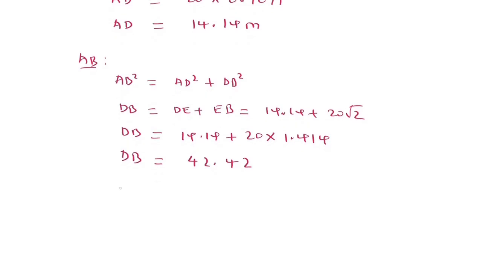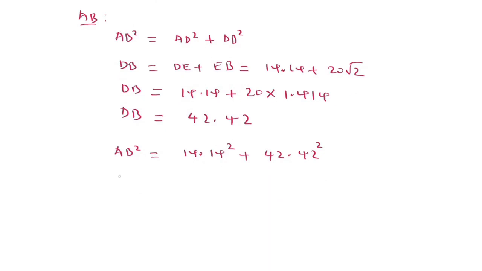Then our theorem will be AB squared equals 14.14 squared plus 42.42 squared. Solving this, we have AB squared equals 1999.4.